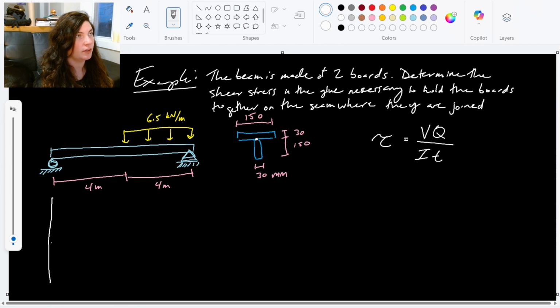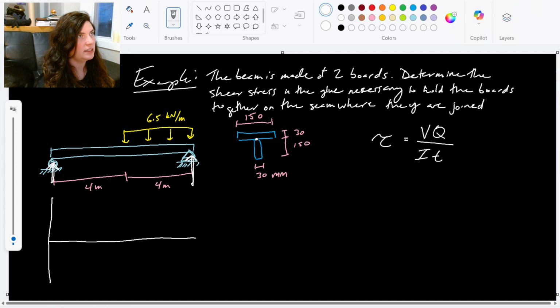Before I make this shear diagram, I do need to solve for my reactions. All I have is this 6.5 kilonewtons per meter distributed load halfway along the beam here. So I have a reaction force at the pinned end and a reaction force at the roller end.